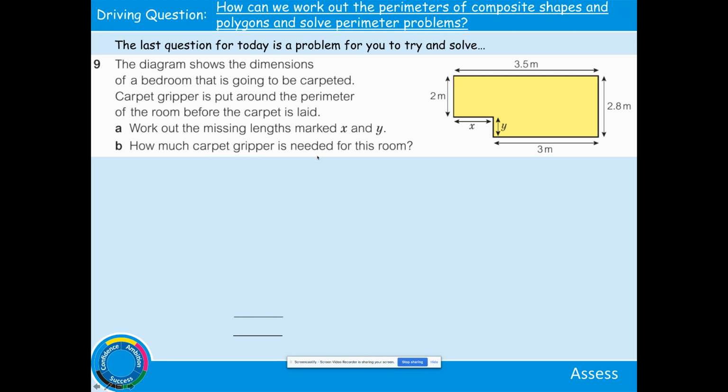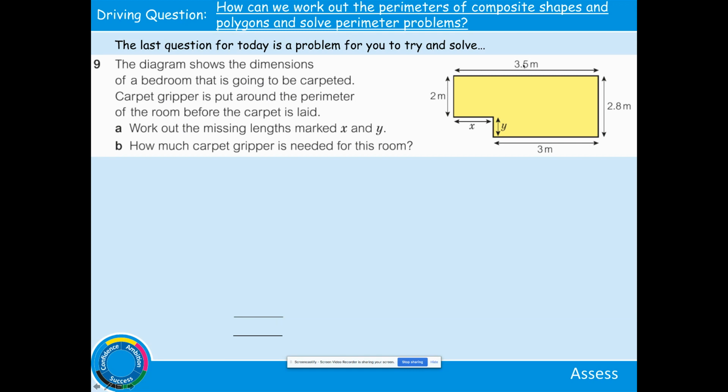So because it's going around the path around the outside, the perimeter, that's what we need for the gripper. So first of all, we need to find out X and Y because we've got mysteries here and here. We don't know what the lengths of these are. However, we do know the whole long length here is 3.5 meters. And we know that this part of it is 3 meters.